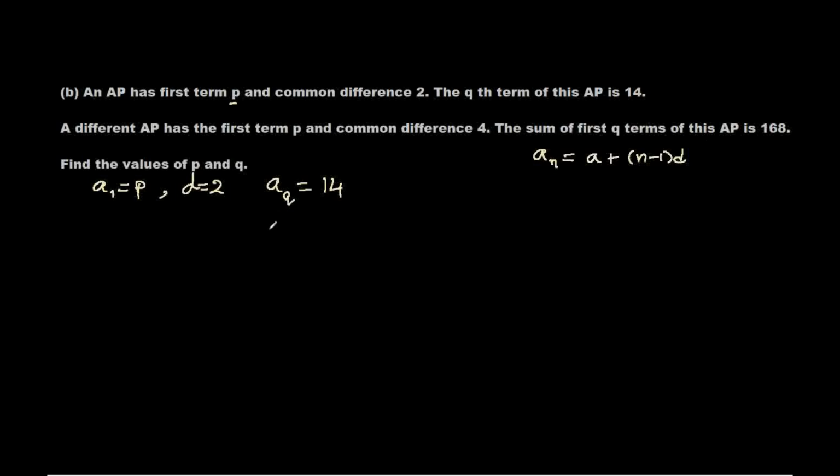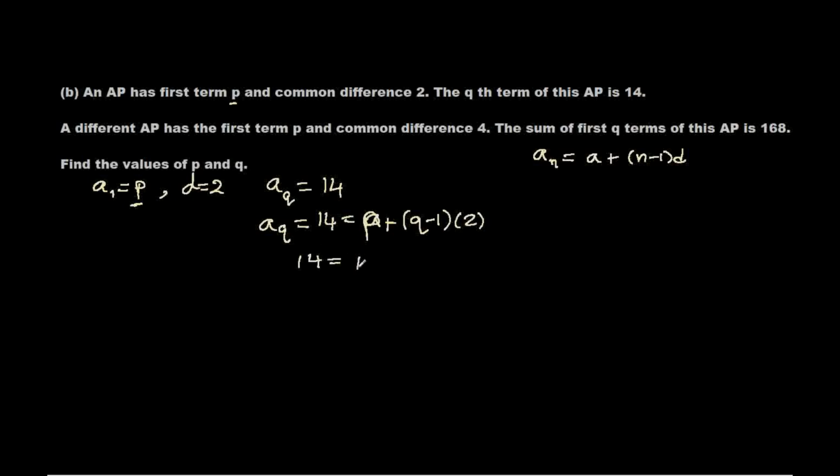So let's use that one here. a_q equal to 14, which will be equal to the first term p, plus (q minus 1), because it is a_q, and common difference is given as 2. So let's open this.